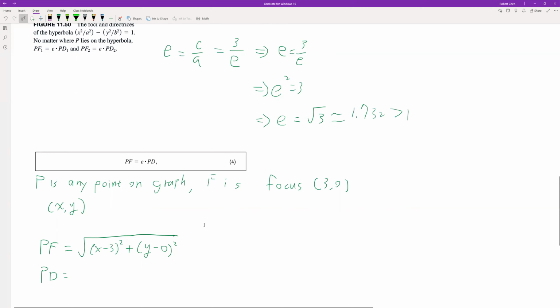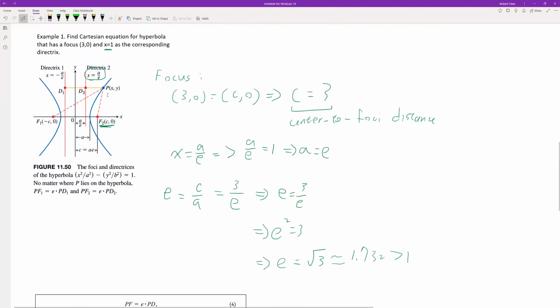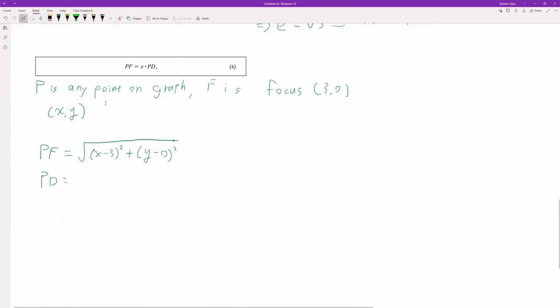PD, right? So PD is the distance between any point and the directrix. Now, since the directrix is a vertical line in this case with equation x equal to 1, so basically all we need to do is just take x minus 1, right? Take x minus 1. Right? And in this case, we want to put them in absolute value, right? Because we're talking about distance between any 2 points.